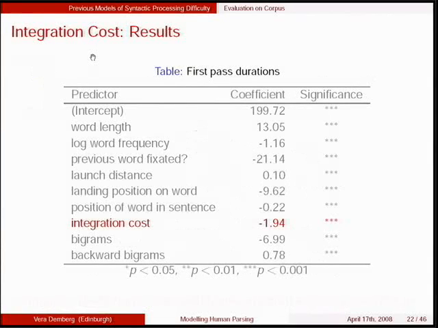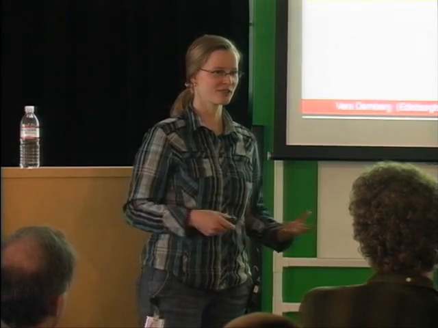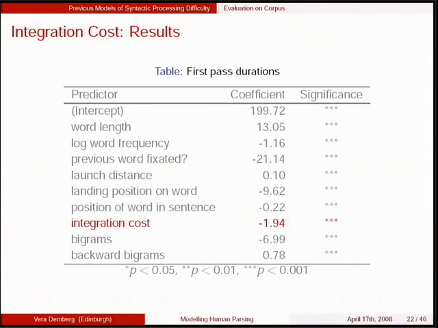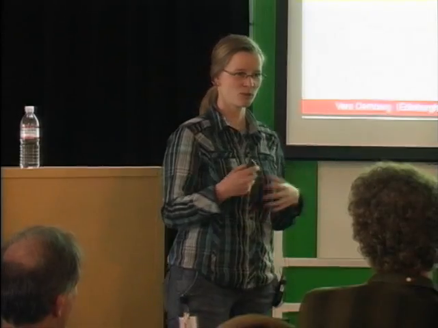And what I found was actually very unfortunate, I thought, at first glance, because I found that the integration cost was a negative predictor. That would mean more integration cost makes it easier or faster to read the sentence. This is really not what we want, because this shouldn't happen according to the theory at all. And the theory had been shown before to be valid, and lots of different experimental data found this is actually what people find.